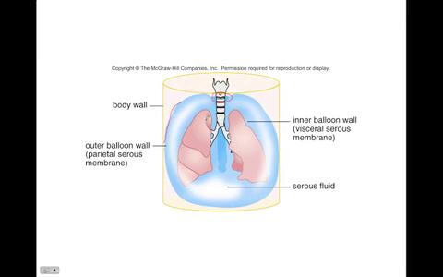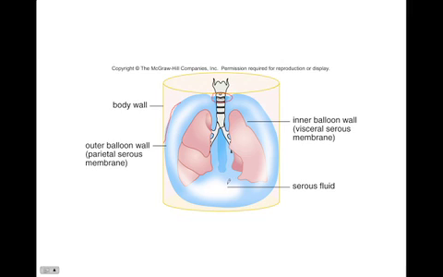So we'll have these membranes being called visceral serous membranes, the one that wraps the viscera, and parietal serous membranes, the ones in the perimeter, wrapping the outer edge of the cavity.